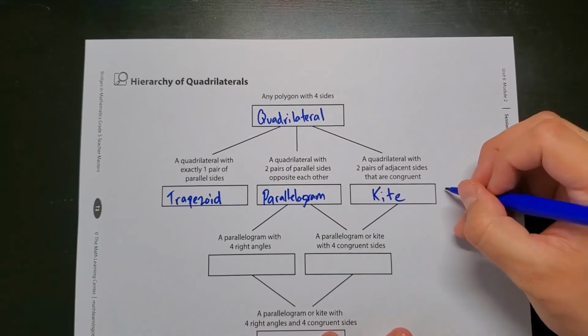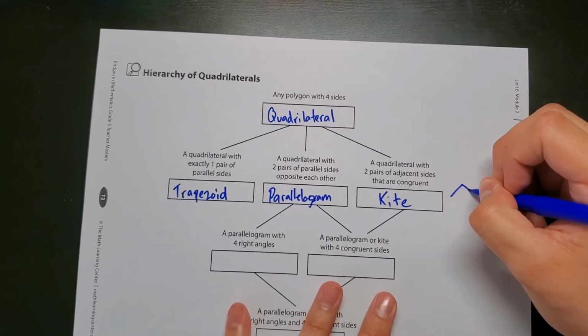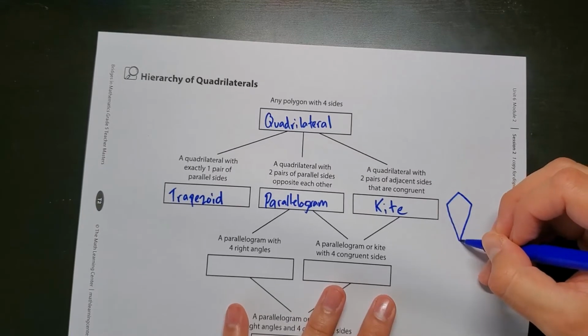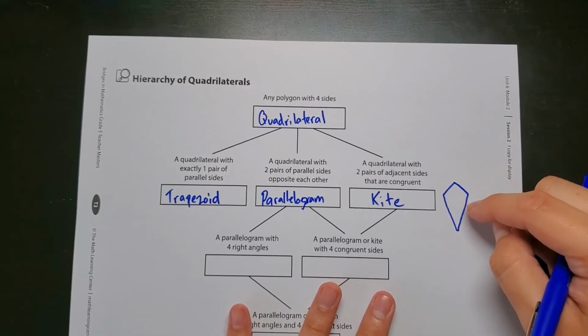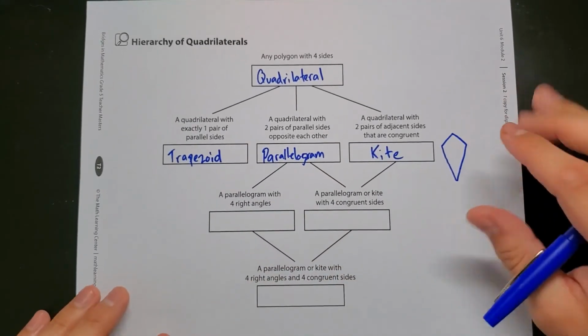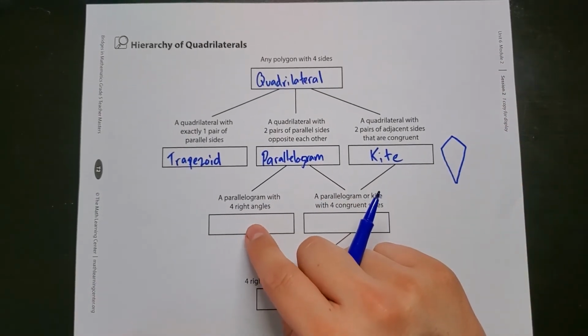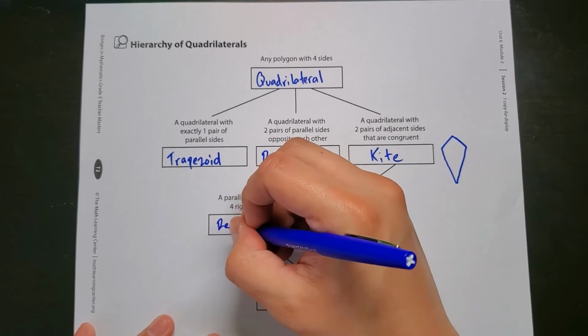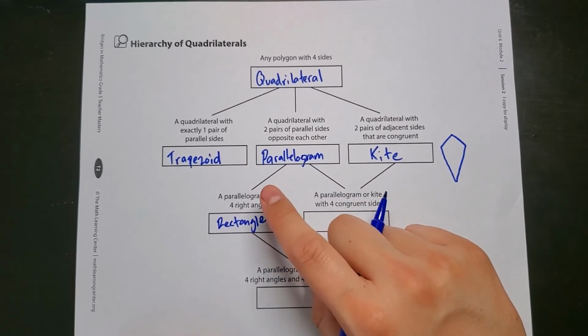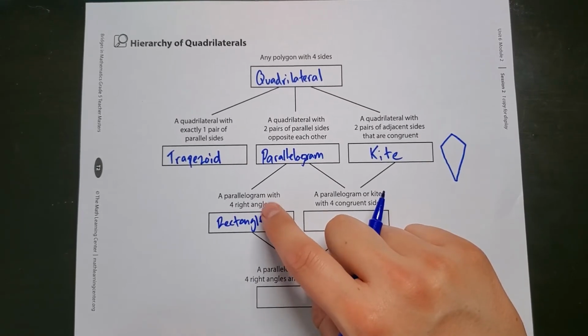An example of this would be, let's say that those 2 are the same length, and those 2 are the same length. So this would be a kite. It has 4 sides, these 2 are the same length, and these 2 are the same length. A parallelogram with 4 right angles is a rectangle. You might be thinking, wait, a square has that too, but this definition doesn't say that all the sides are the same.